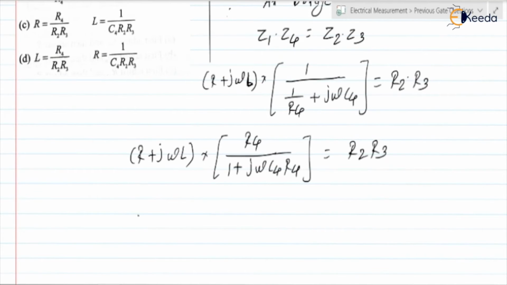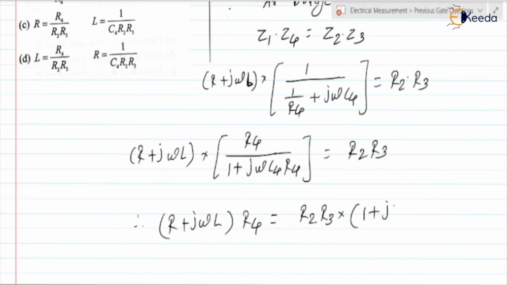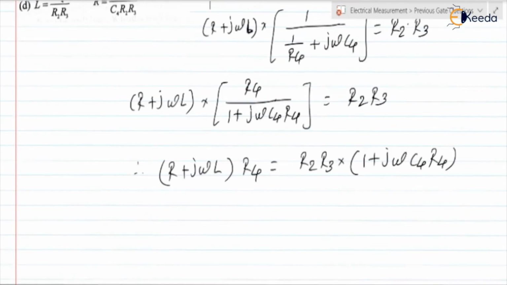So further we can write, therefore R plus J omega L into R4 is equal to R2 R3 into 1 plus J omega C4 R4, okay.